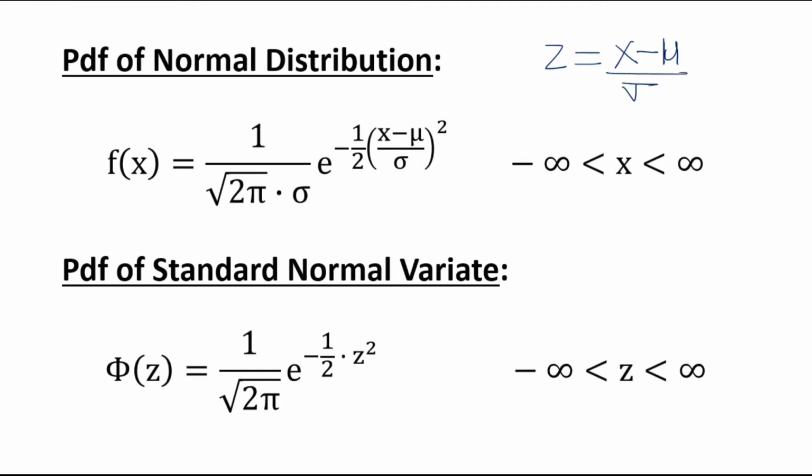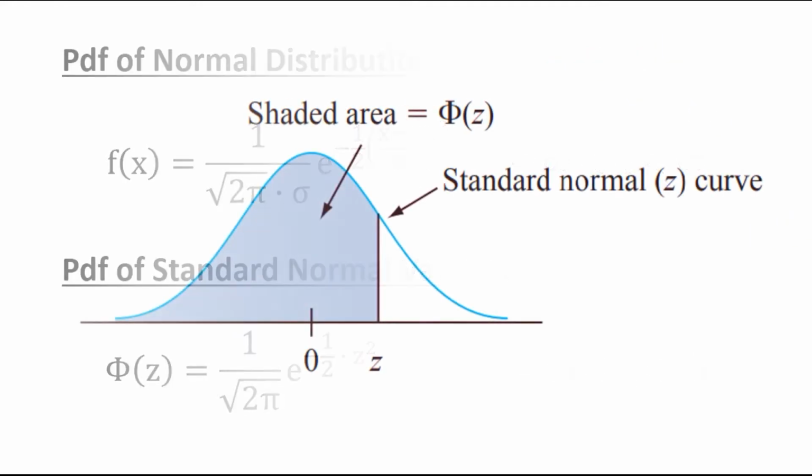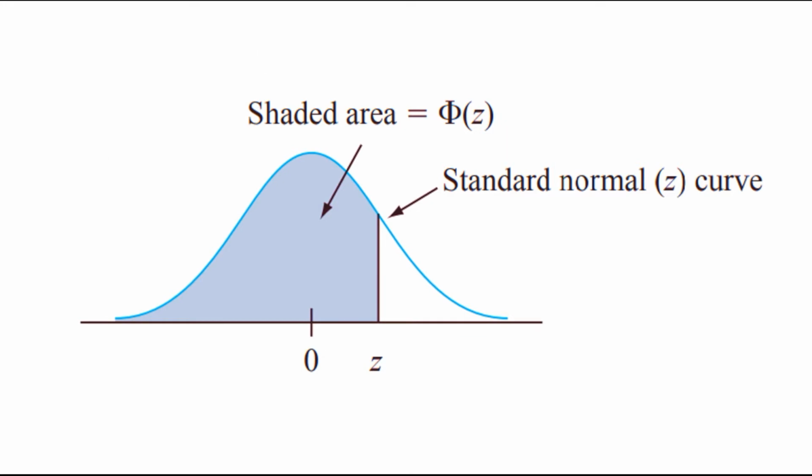This is a standard normal curve in which phi z represents area to the left of z.